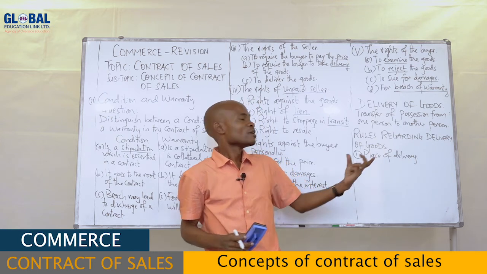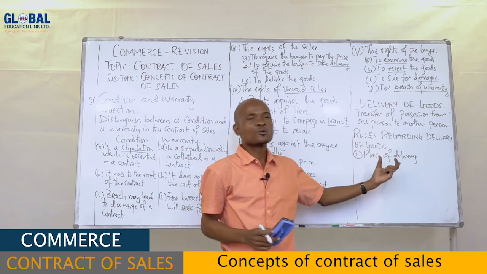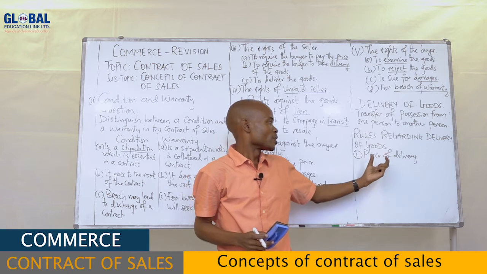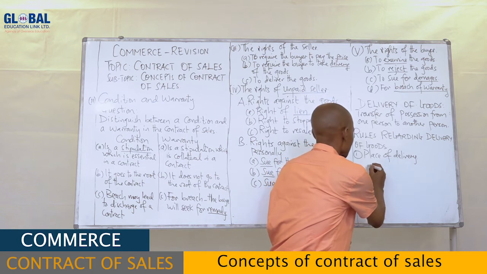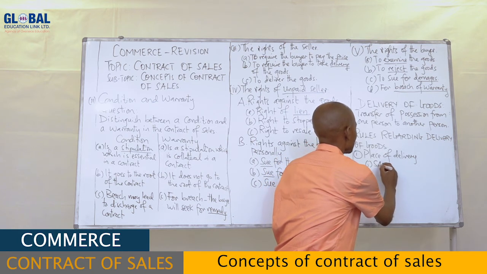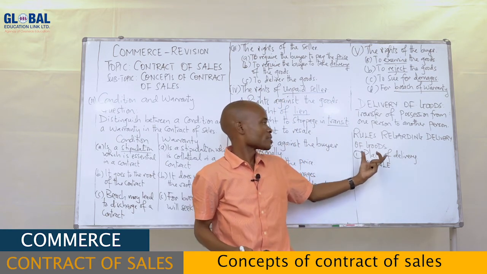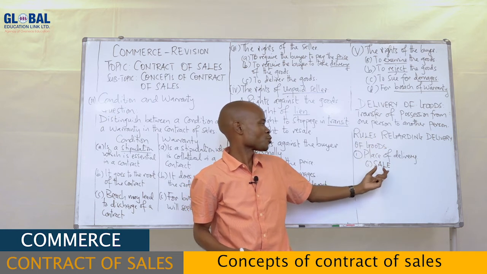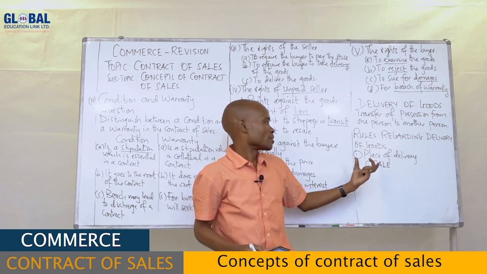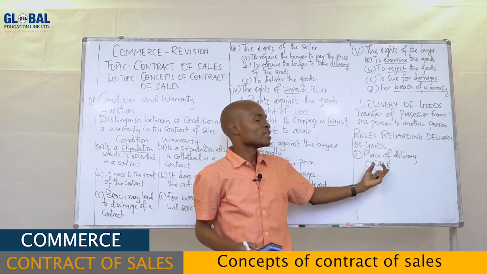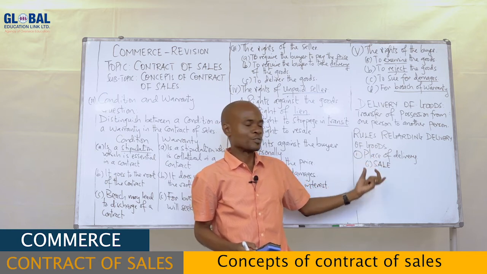Now, in case the place of delivery was not mentioned in the contract, we have two options. In a sale, where the goods are delivered immediately, delivery will be made at the place where the goods are to be sold.